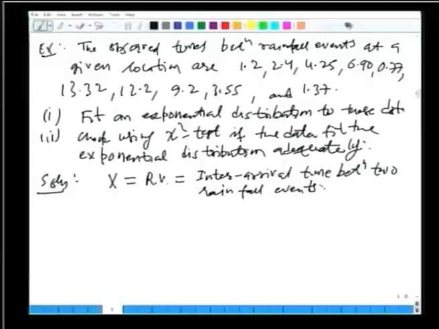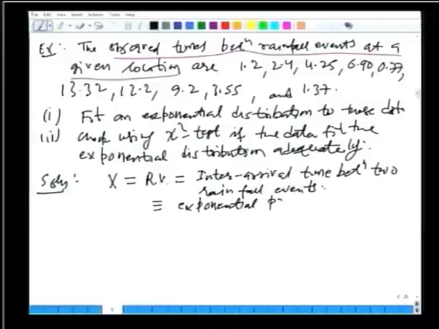What is given to us is this data: observed times between the rainfall events at a given location. Okay, times between 2 rainfall events. So, this is what is called the inter-arrival times, and from the knowledge of hydrology, the inter-arrival times follow the exponential distribution. So, these are the data given to us.